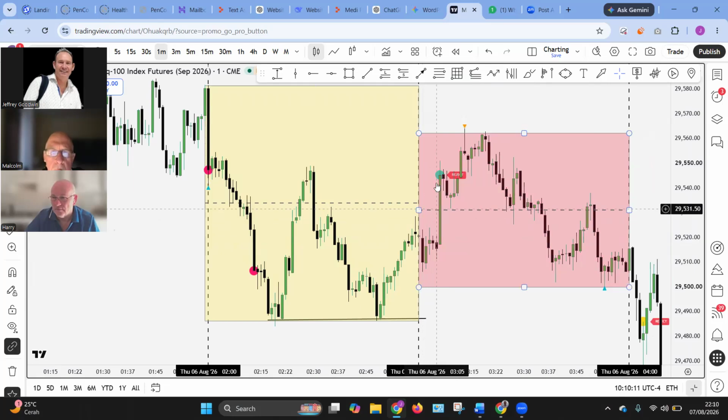Right, I go up, up, up, up, up, it stops there. Look left, what do we see? What's this here? The FVG then, right? FVG. Rejected straight down.